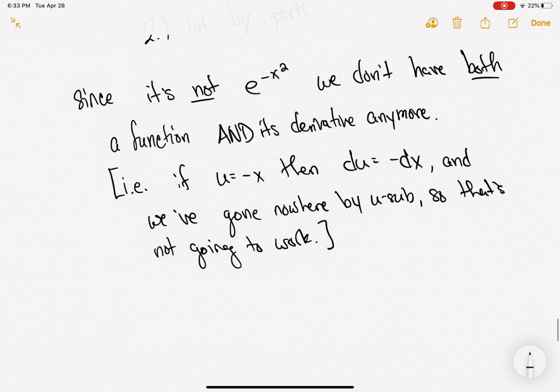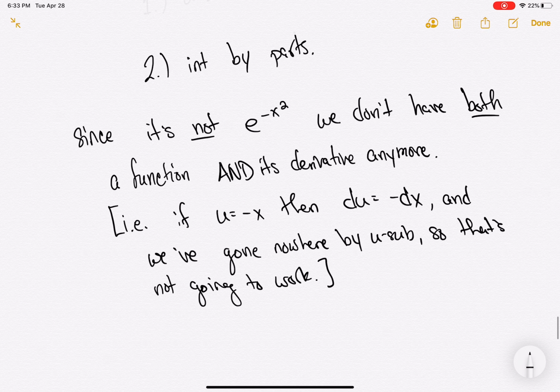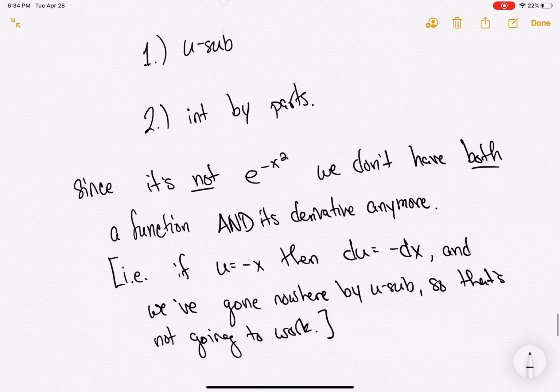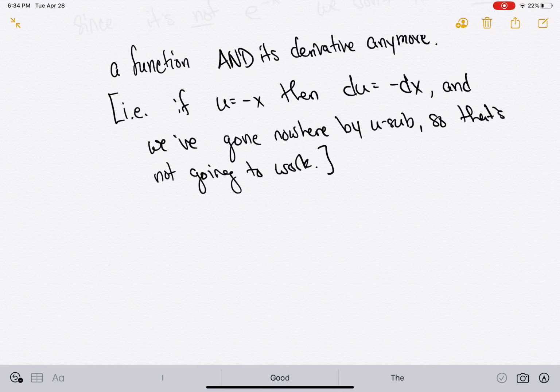If you follow the priorities of u sub, you're going to get nowhere because it's going to tell you to make u equal negative x, and then du goes to negative dx, and it doesn't simplify your problem at all. So we're going to have to do integration by parts.